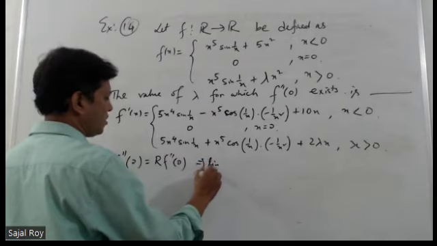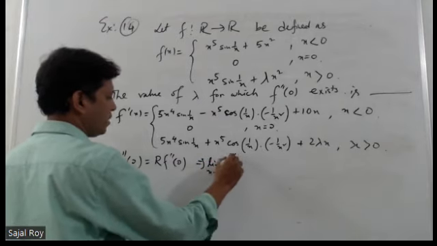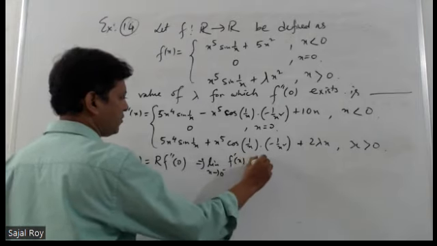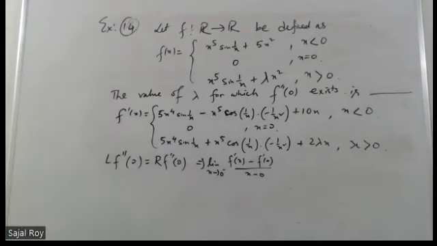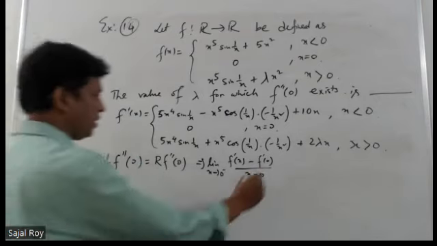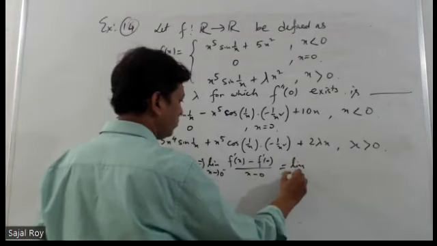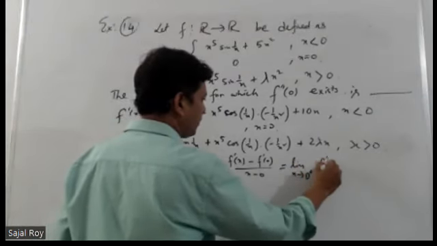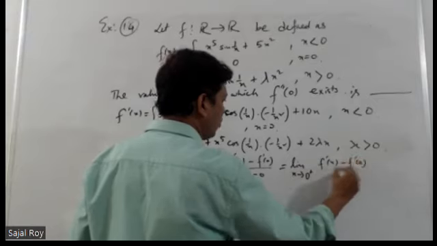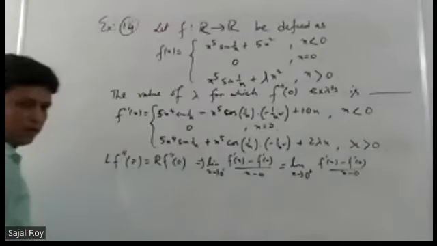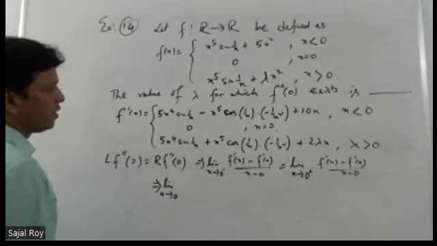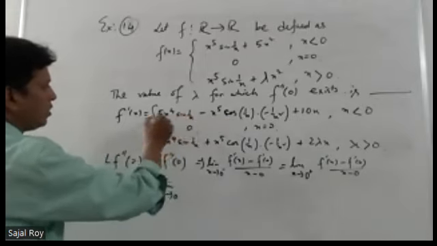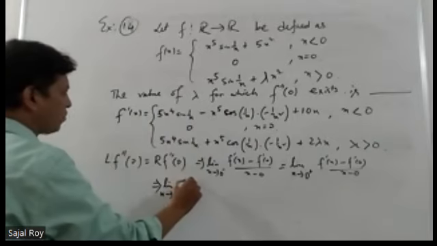That is, limit x tends to 0 minus of f dash x minus f dash 0 over x minus 0, which equals limit x tends to 0 minus of f dash x minus f dash 0 over x minus 0. This will be the value, so 5x to the power 4.